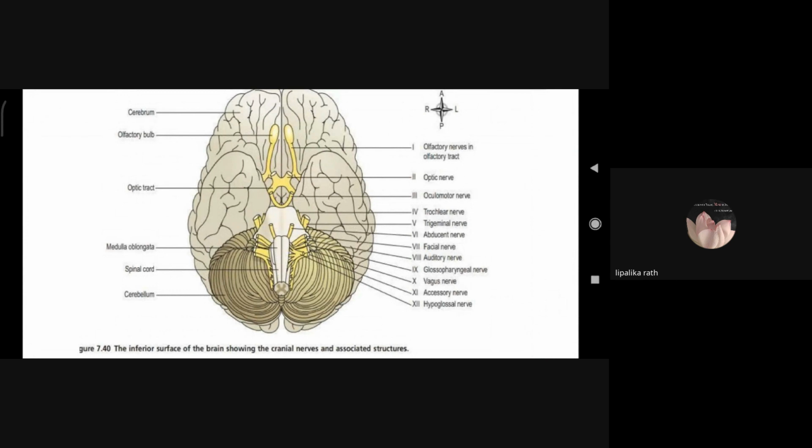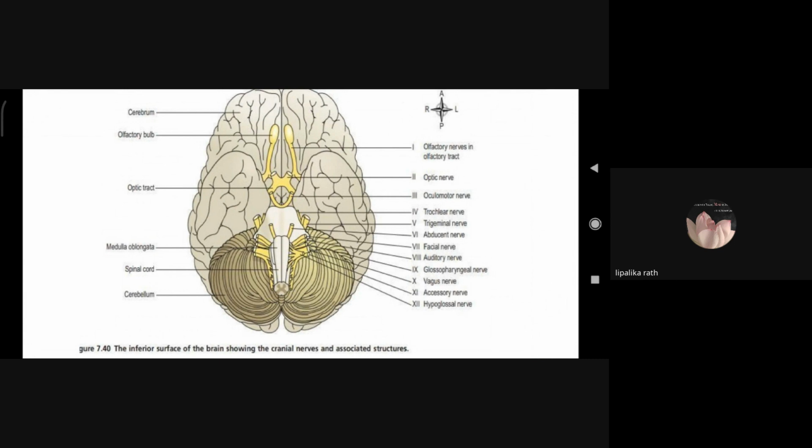This is the only nerve among the cranial nerves which is in direct contact with the outer environment. So the first cranial nerve is the olfactory nerve, associated with the sense of smell.